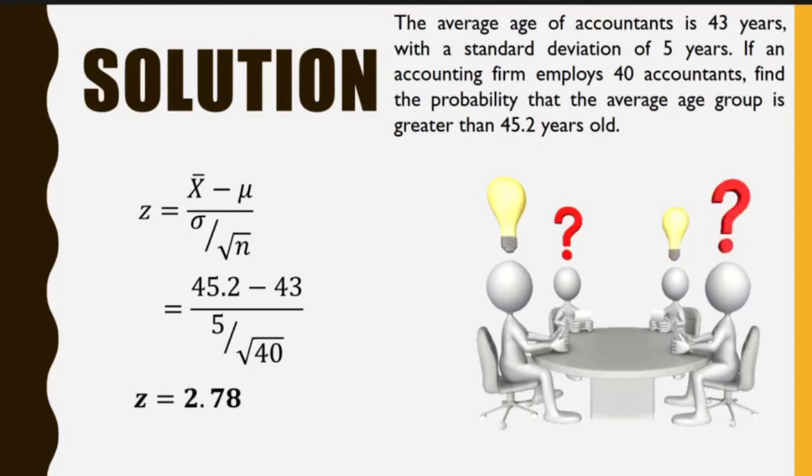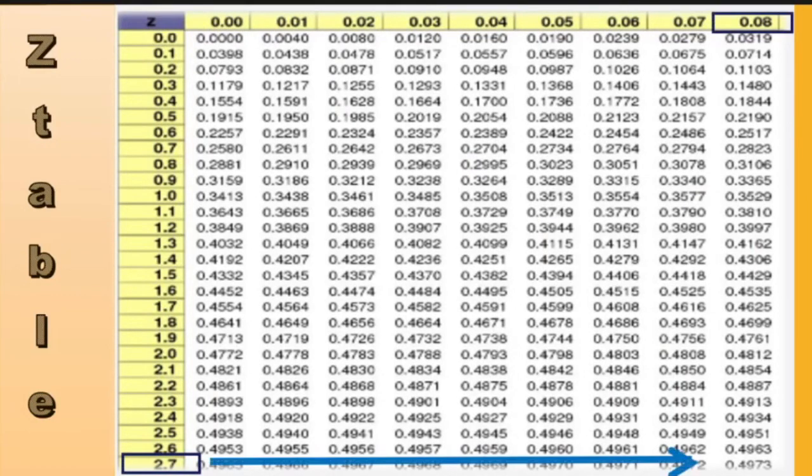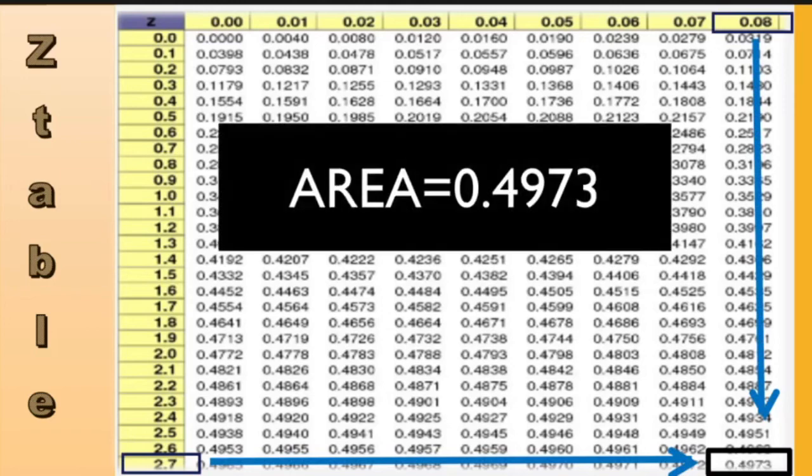Since the question concerns more than, or greater than, 45.2, let's look at the z table for the area. So we have 2.7 and 0.08. So it will become 0.4973, and this will be our area.